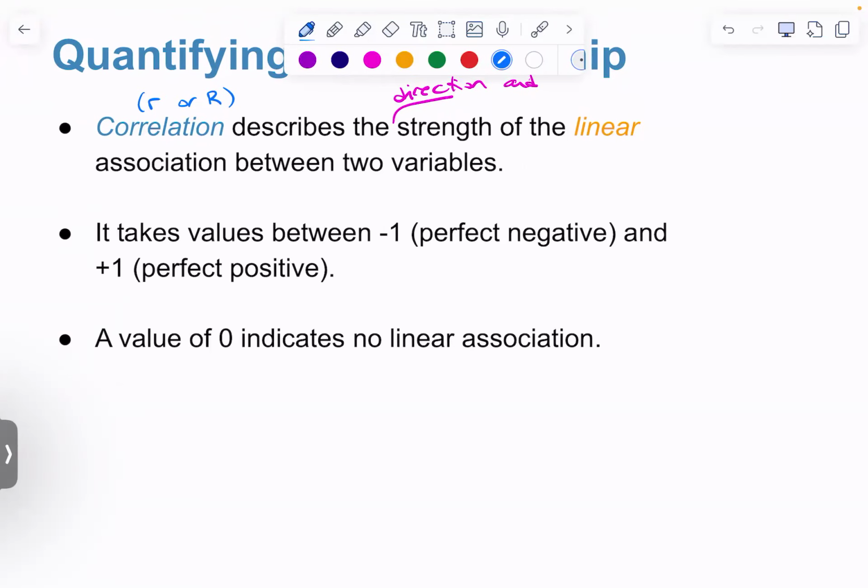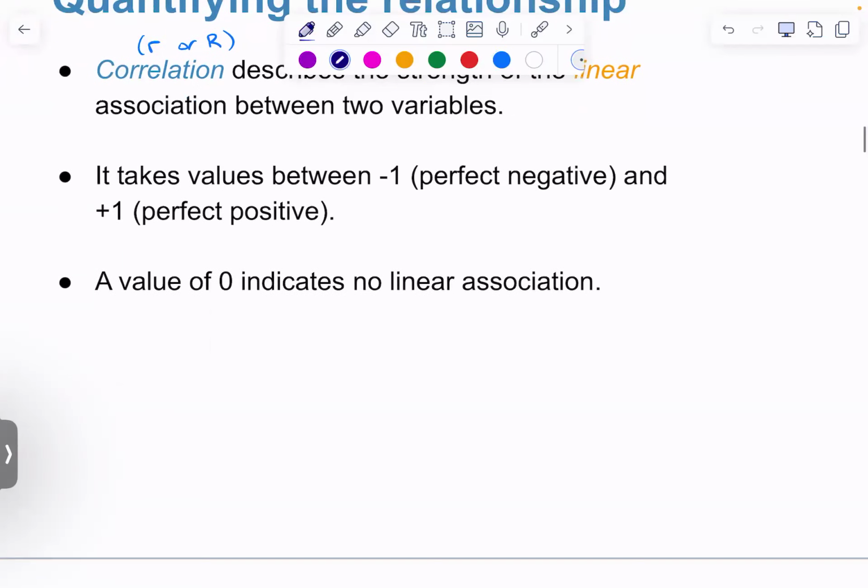So the correlation takes on values between -1 and 1. So here's the correlation R, which means in the center here, you can have a correlation of 0. If the correlation is negative, then you have a negative relationship.